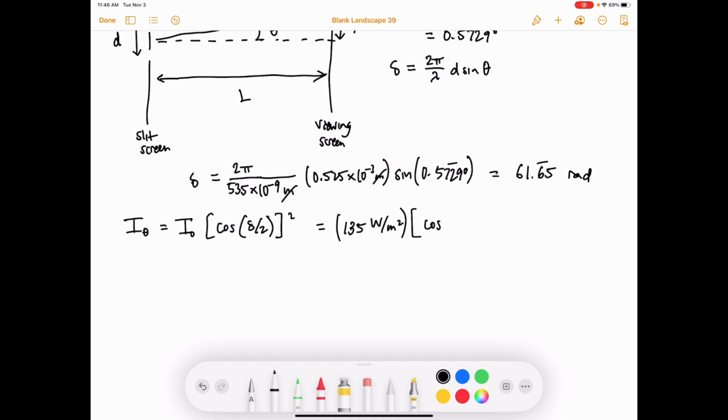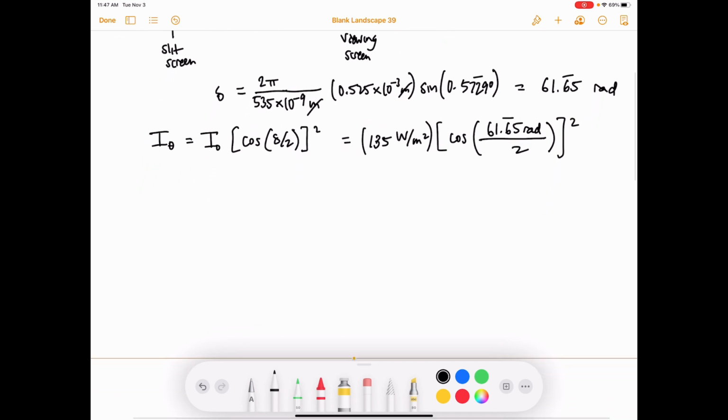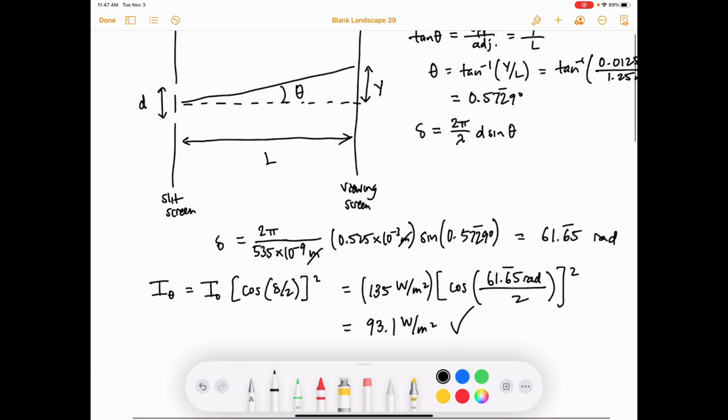So that multiplies cosine of delta over 2, so 61.65 radians over 2, and then that whole thing is squared. Okay, so when you calculate the cosine, remember that the angle you're putting in is in radians here. But if you do that, what you'll get is 93.1 watts per square meter. So that's the answer. We were able to calculate the actual intensity at a specific point on the screen using the result we derived.